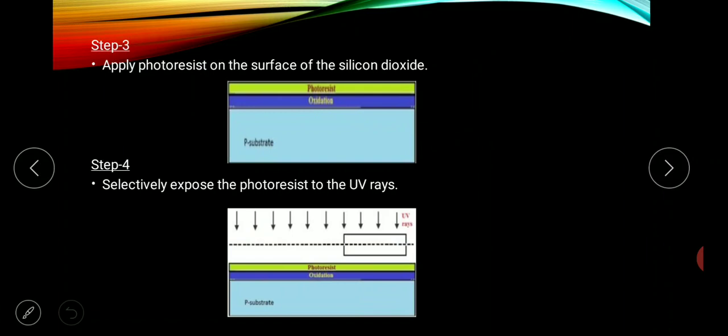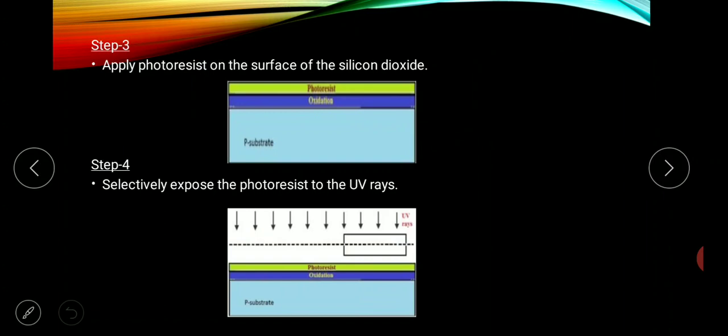Step 3. Apply photoresist on the surface of the silicon dioxide. For selective etching, the silicon dioxide layer is subjected to the photolithography process. In this process, the wafer is coated with a uniform film of a photosensitive material known as photoresist. In the last class, we already discussed photoresist. Photoresists are of two types, positive and negative.